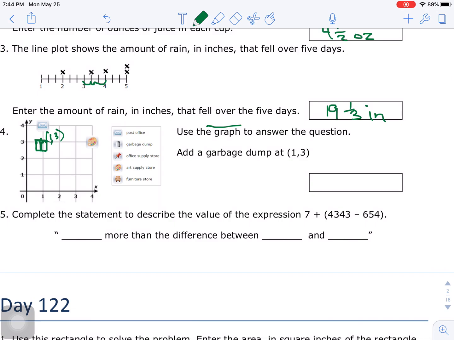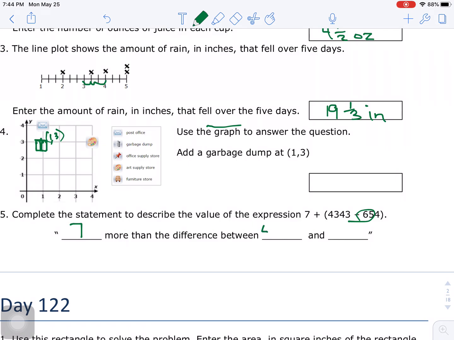Complete the statement to describe the value of the expression: 7 added to the difference between 4,343 and 654. So 7 more than the difference. We know that difference is subtraction.